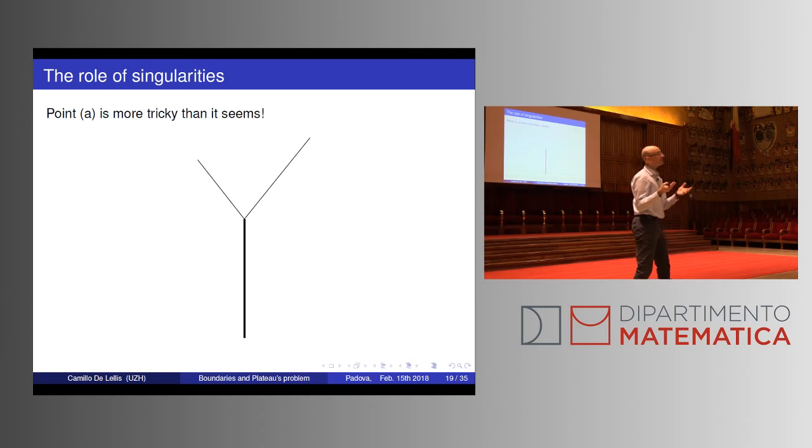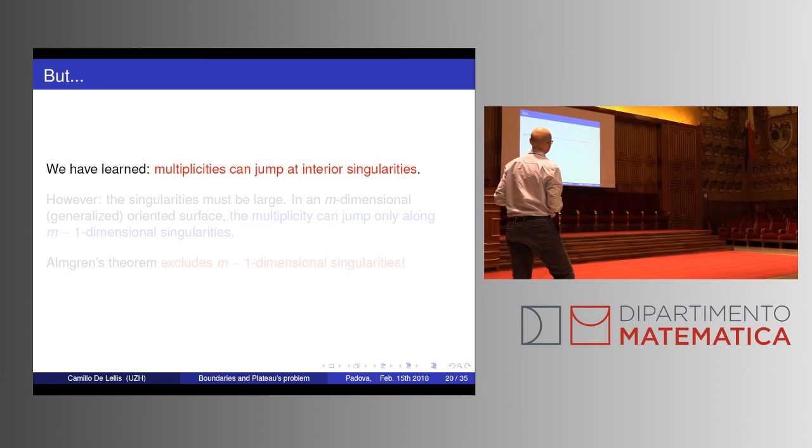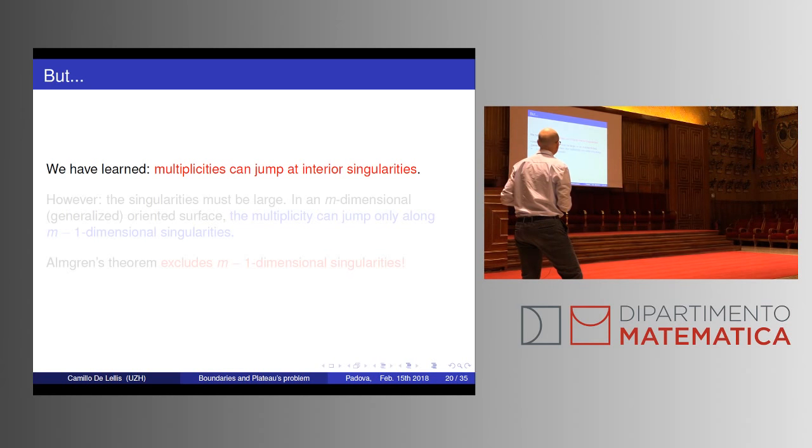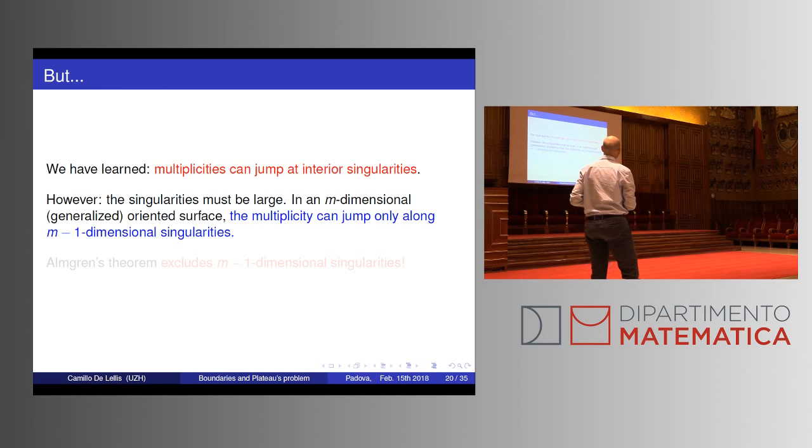So your singularity where your multiplicity is jumping should be at least of dimension 1 less than the dimension of your surface. Okay? So that is what we learned. Multiplicities can jump at interior singularities, but the singularities must be large. In an m-dimensional surface, the multiplicity can jump only along m-1 dimensional singularities.